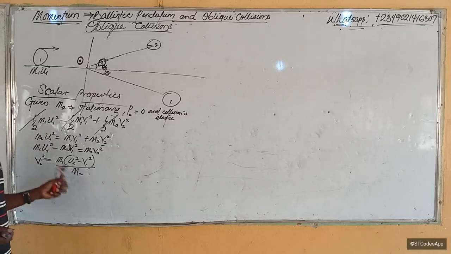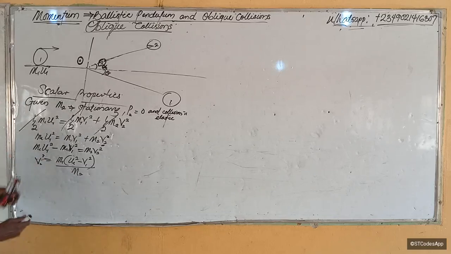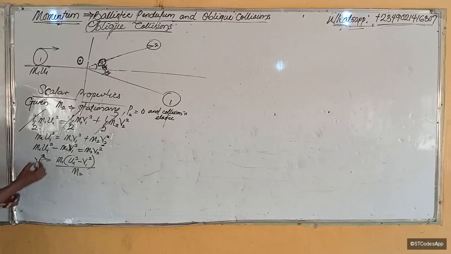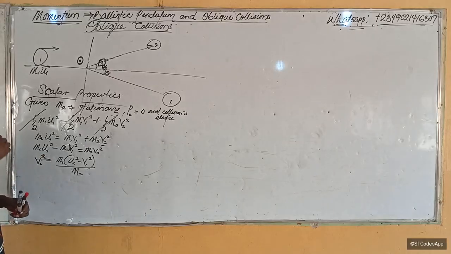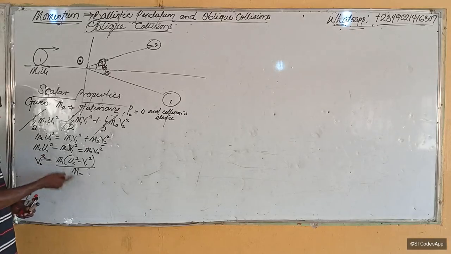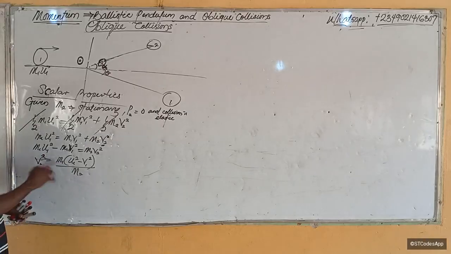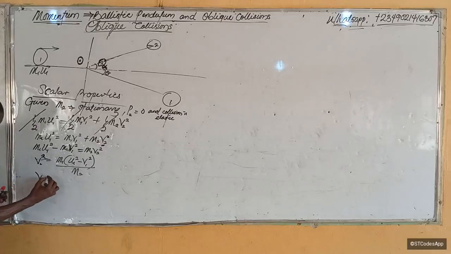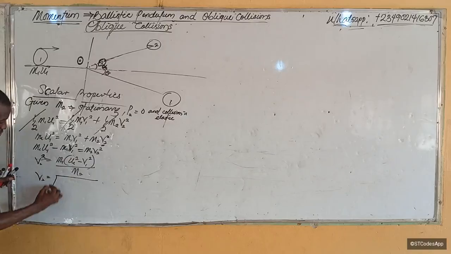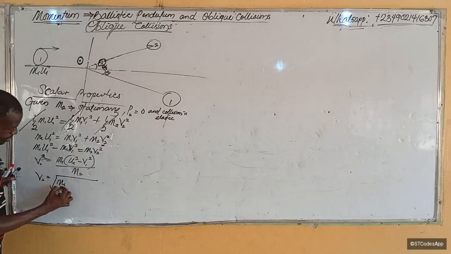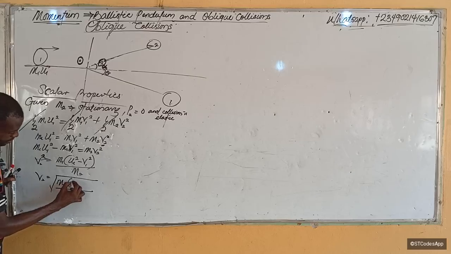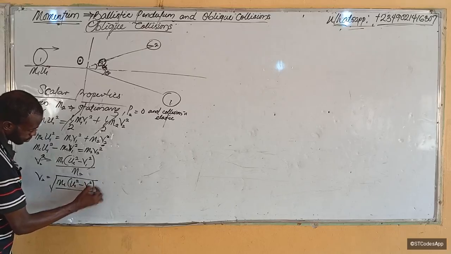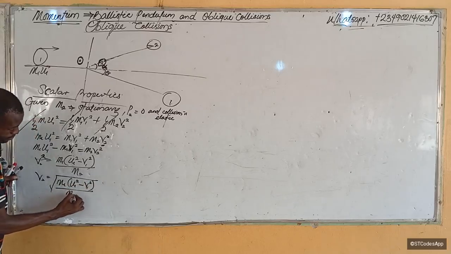So, for example, there are special cases again here. You can already see that this does not negate what we did in the initial place, where if they are of equal masses, something can happen here such that v2 will be equal to the square root of both sides, which gives the square root of m1 into bracket u1 squared minus v1 squared over m2.